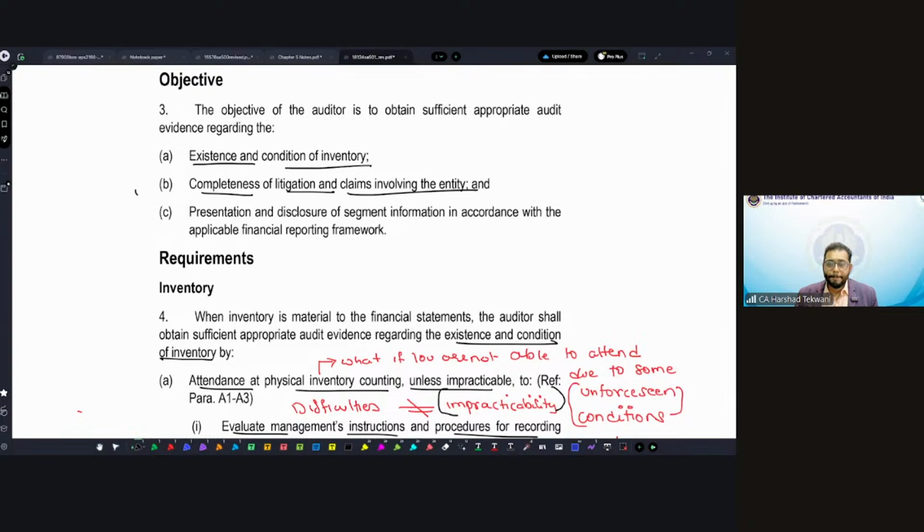Sir, when we are seeking information from the external legal counsel, the management will prepare the letter, then we will send it and get the reply. If they are not able to provide the information, can we write to them? For example, when we have 15 line items in the litigation and we write specifically asking for information, they will supply it, right?